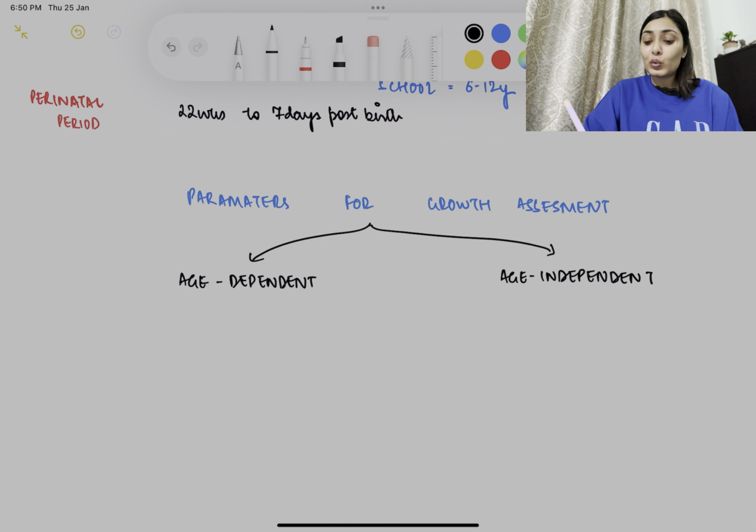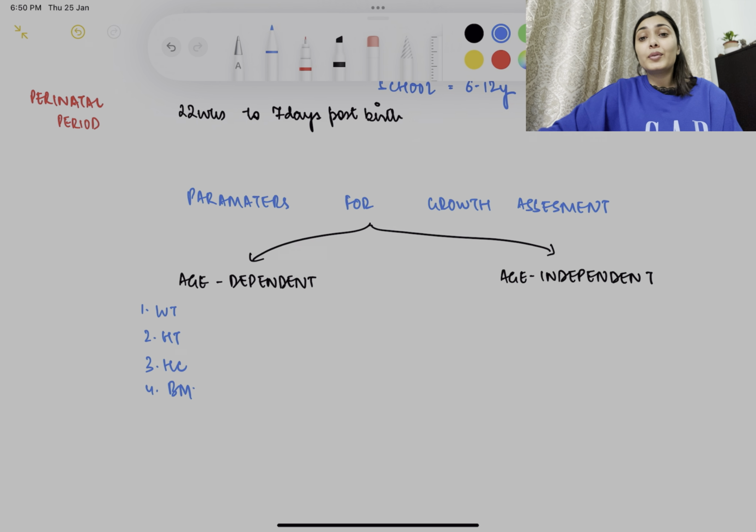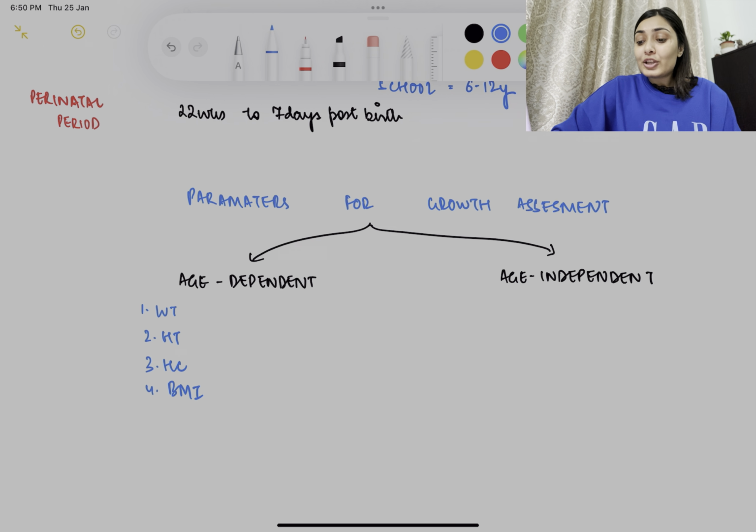Age dependent includes weight, height, head circumference, BMI, right? And age independent includes mid upper arm circumference and skin fold thickness.